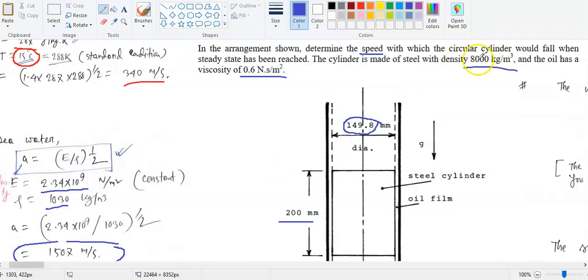The other information we know is the density of the material, the steel, and the oil viscosity. That's it. So we need to calculate the velocity. Now a couple of things are working here. Actually, I would like to explain this problem in a slightly different way.